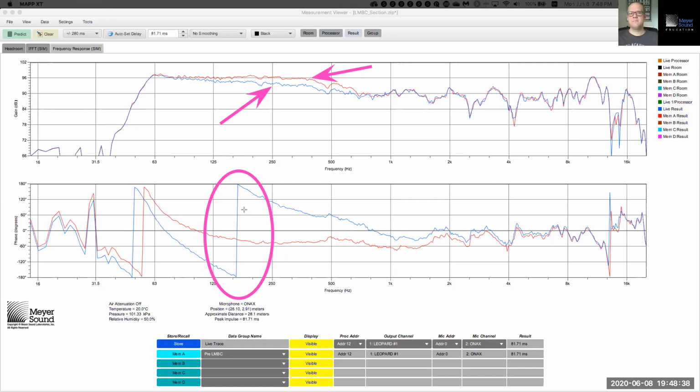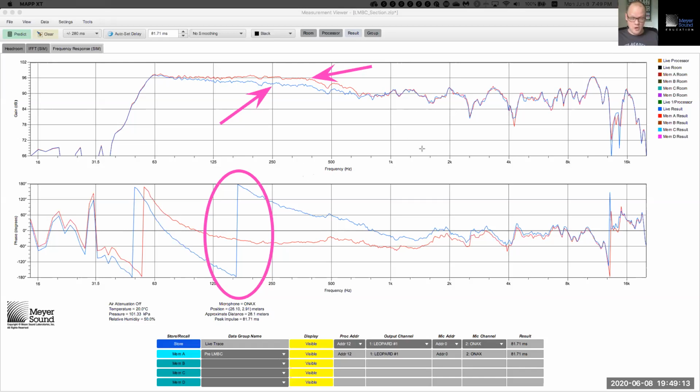That means that before I engaged LMBC, my Leopard array and my X40 infill or my X20 front fill were phase compliant. They had the same phase response. Whereas after applying the LMBC, the phase response of my Leopard array has now changed in exchange for spreading the beam, but it also means that that array is now no longer phase compliant with the front fill. So now we use product integration and delay integration to make all those loudspeakers phase compliant once more, and we end up breaking it again.